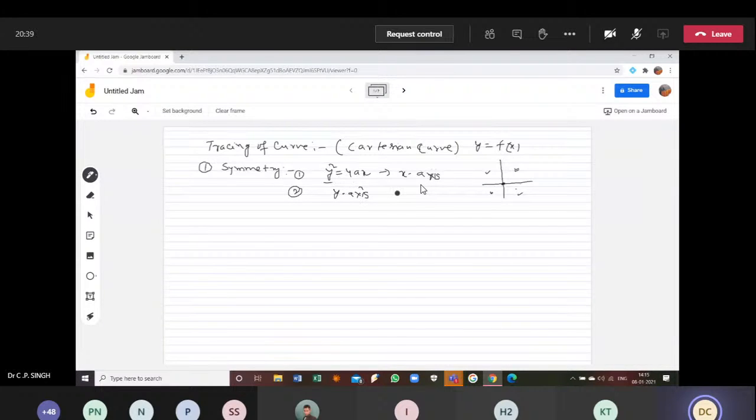For example, take x² = 4ay. This is the symmetry about x and y. Suppose we plot a curve in this coordinate system. Since it is symmetrical about the x-axis, without doing anything we can show that the portion of this curve below the x-axis will be like this.